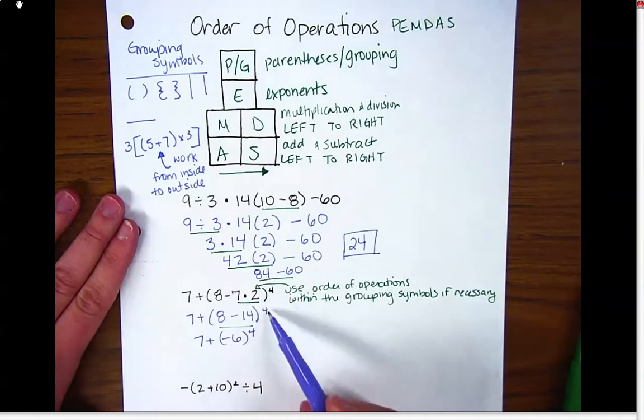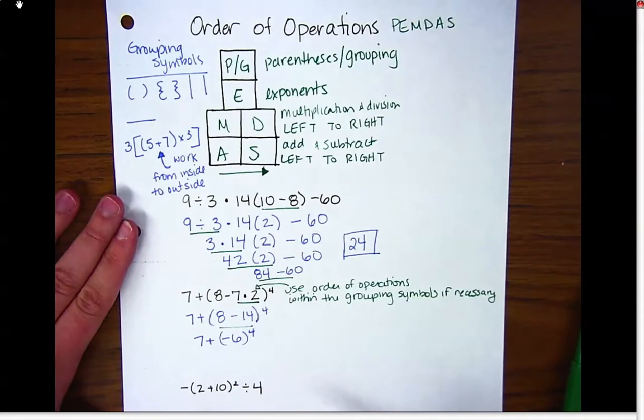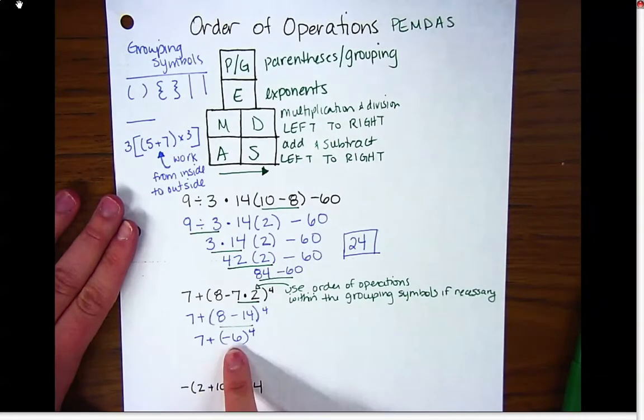This exponent out here only applies to the stuff inside the parentheses. So now I'm going to do negative 6 to the 4th power. Quick reminder about what exponents mean: this means I'm going to do negative 6 times negative 6 times negative 6 times negative 6. I'm multiplying the negative 6 4 times.